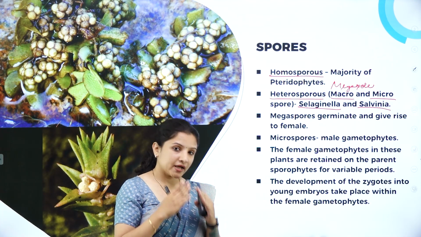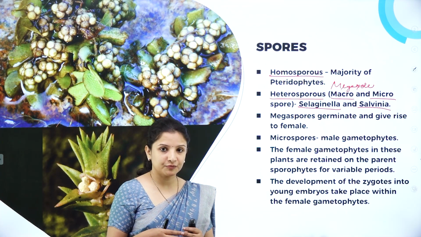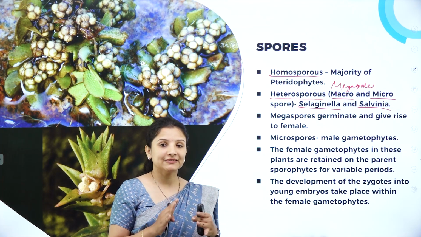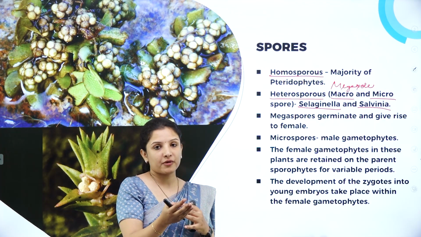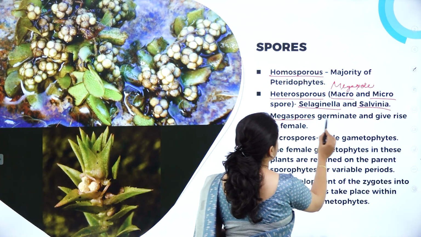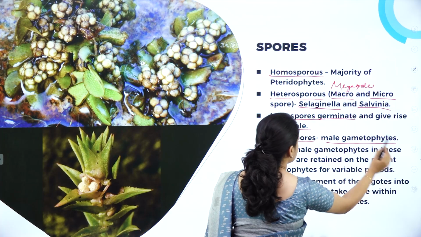So here, the megaspore will produce the female gametophyte and the microspore will produce the male gametophyte. Always keep in mind, whenever we say mega or macro or something big, that will lead to the formation of a female gametophyte. So the megaspore germinates to give rise to the female gametophyte and the microspores will form the male gametophyte.